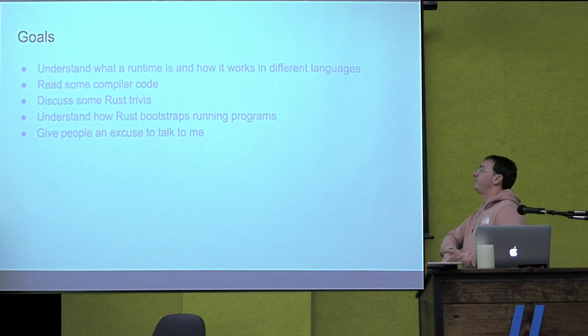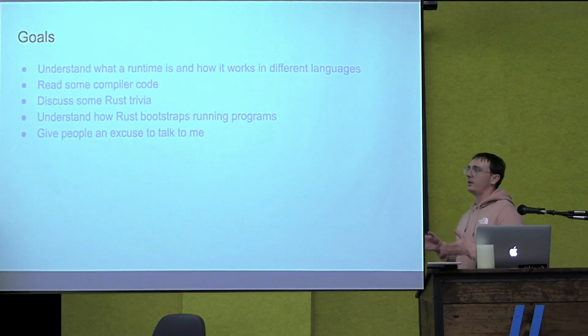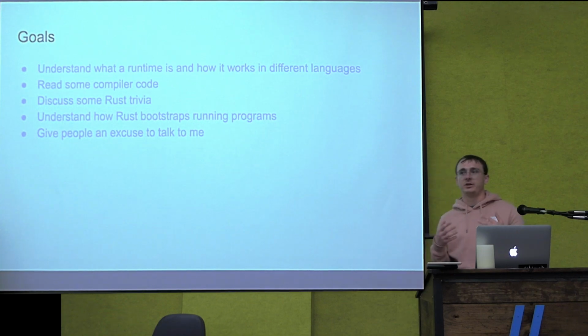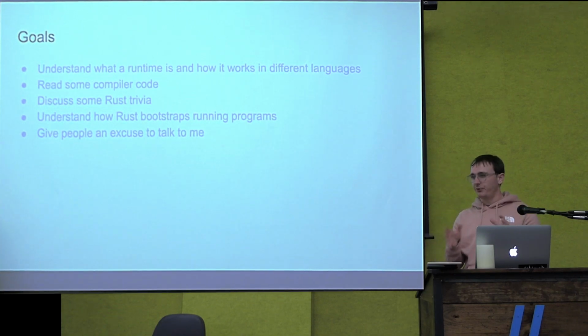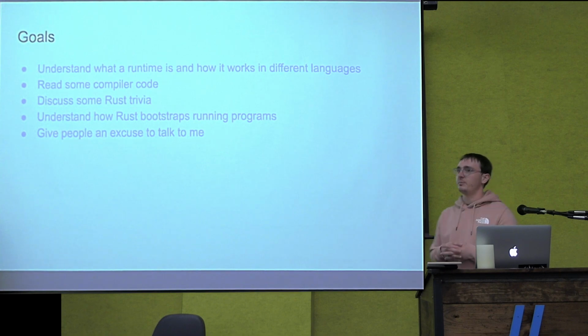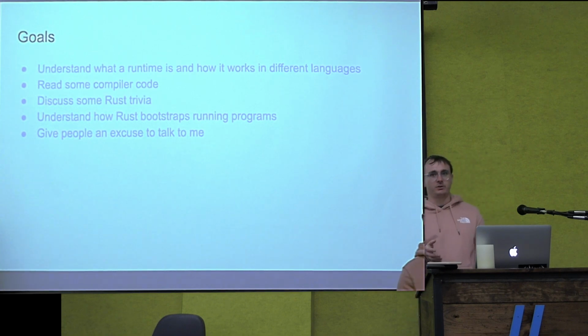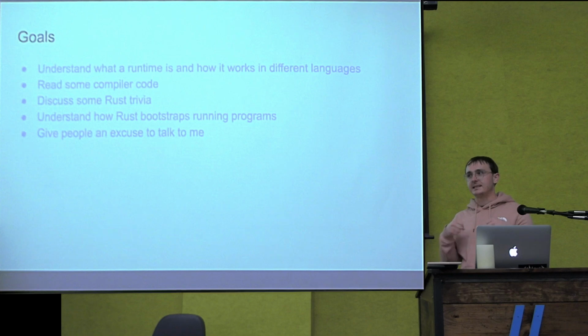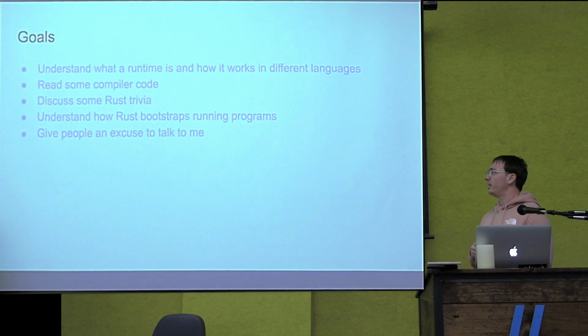Firstly, we'll work on understanding what a runtime is, since it's a little fuzzily defined, and I think it's the source of a lot of misunderstanding when talking about Rust and the Rust runtime. We're going to spend a bunch of time reading some compiler code, really getting into the depths of it and reading some things that, frankly, I barely even understand. And we're going to discuss some trivia.